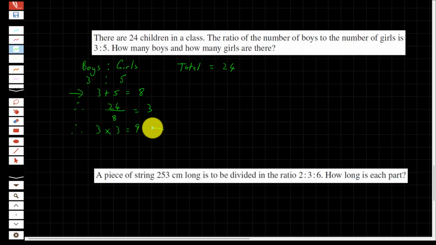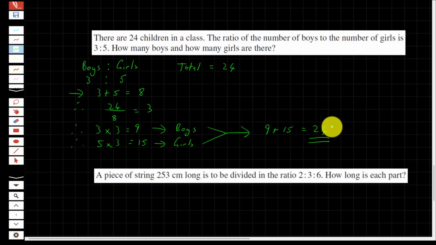So there's 9 boys there. And the right hand side of the ratio is 5. So 5 times 3 gives us 15 girls. We can check that this is correct. 9 plus 15 should give us the total number of children, which is 24.